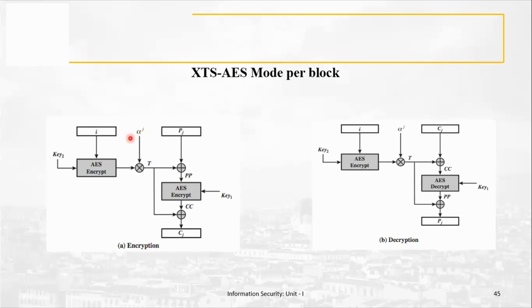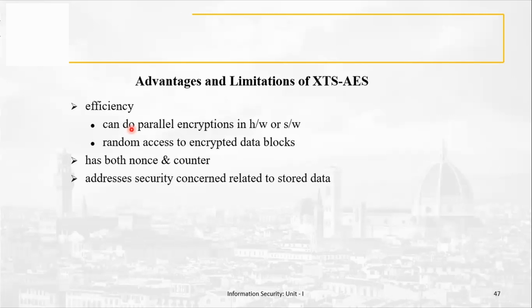So that's why it becomes more secure and more encrypted. And you can store the data at any moment of time without worrying about whether it is getting compromised or not. So these are some of the modes that you have to study in unit 2.